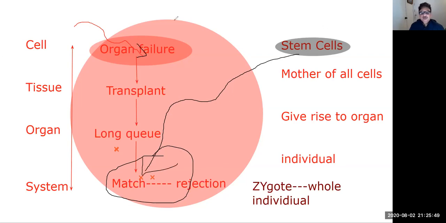Essentially, a cell that can be educated to develop into the diseased organ. It can substitute the diseased organ such that a person becomes normal. Okay, so this is the basic concept of this chapter, which is called stem cells, right?